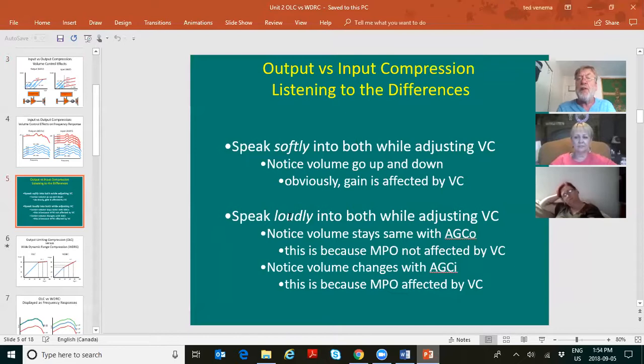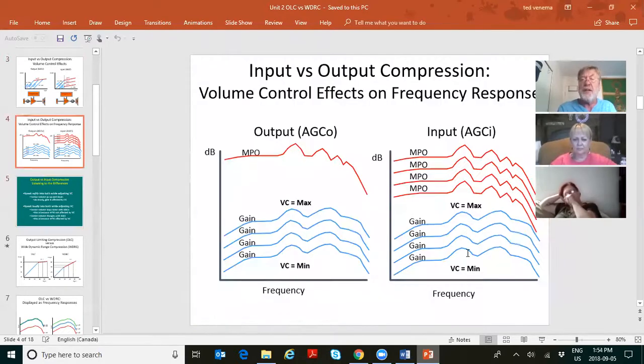But if you spoke loudly into the hearing aids, both of them, while adjusting the volume, notice the volume would stay the same with output compression. And this is because the MPO is not affected by the volume control. If you were yelling into the hearing aid, a lot of input plus a lot of gain, okay, you could change that, but it would never affect this, because you were hitting MPO already.